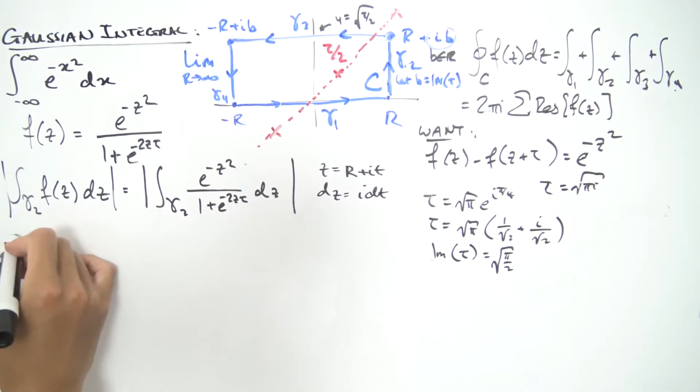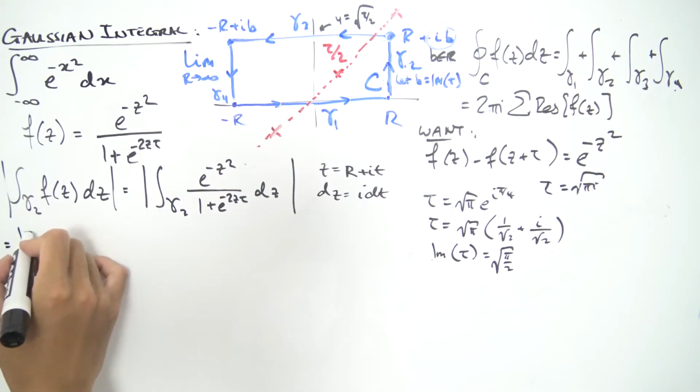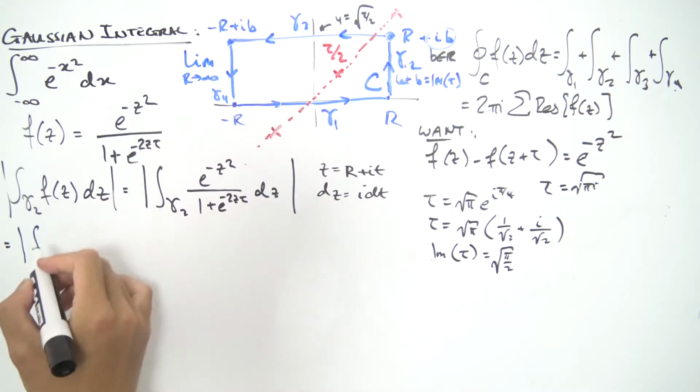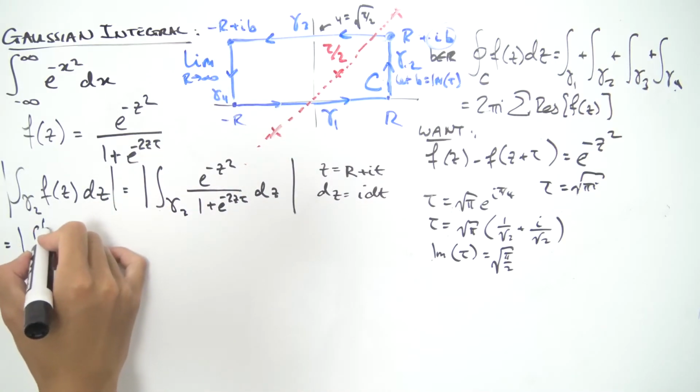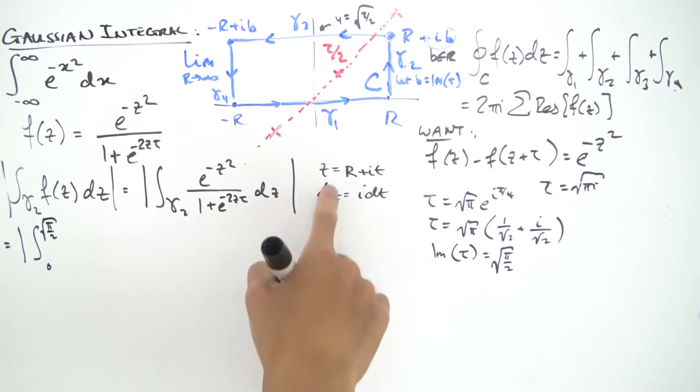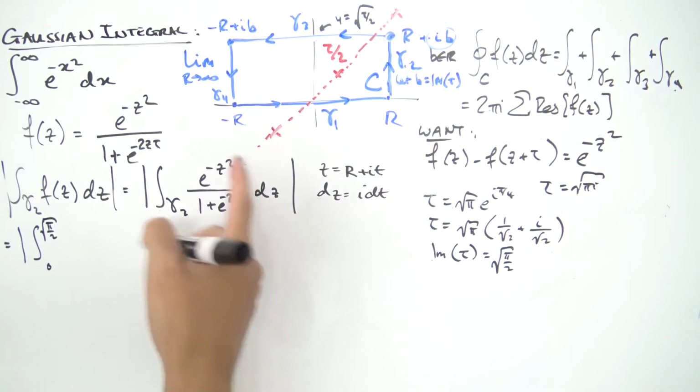So we're going to get now the absolute value of the integral, where t is going to go from 0 to the square root of π over 2. And then we have our f(z). Let's plug z equals r plus it in everywhere.